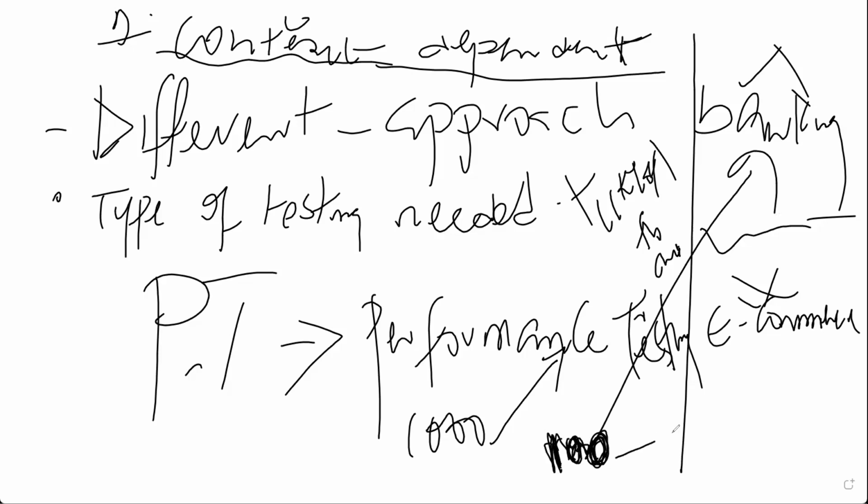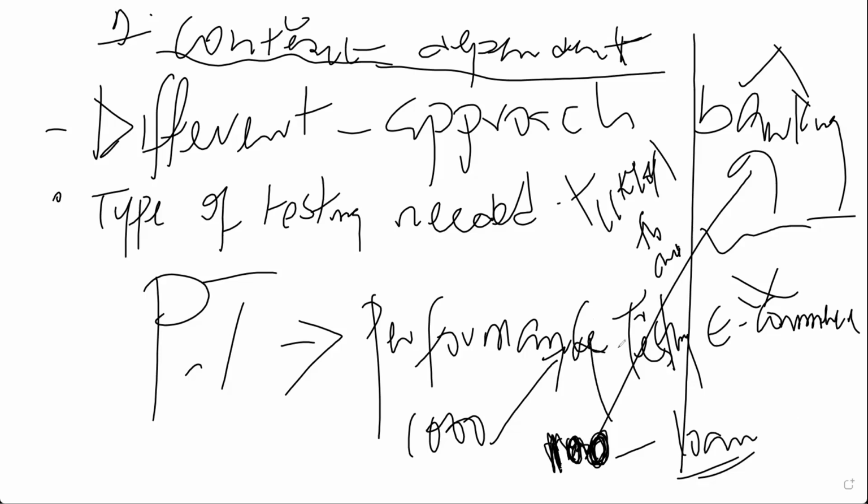It's just 100 people that are going to apply for this loan. When I was telling you about the loan process, I was trying to illustrate the RTM, if you remember the last class we did. So if it's 100 people that are going to use that application, then you don't require PT.